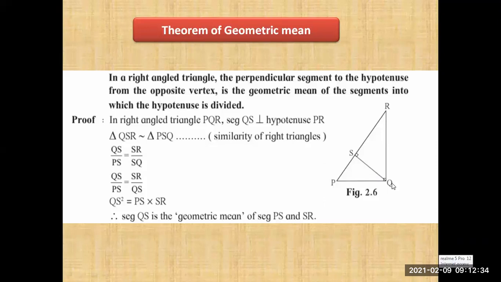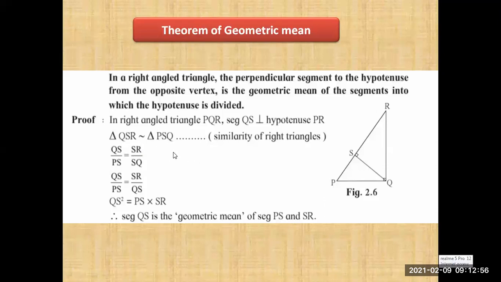Which two triangles? Triangle QSR is similar to triangle PSQ, as we saw in the previous theorem. So we write triangle QSR is similar to triangle PSQ according to similarity of right angle triangles.